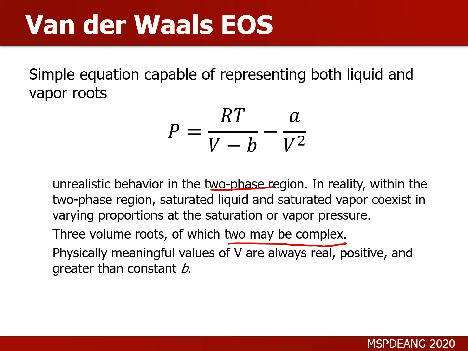And recall that the values of V should always be real and positive and should always be greater than the constant B. That is very important. Kasi diba, B represents the total volume of the gas molecules per mole of gas. So dapat the volume of the gas should be much greater than the volume of B. Tapos the volume of the liquid, kung liquid root yan, should be approximately close to the volume of B.